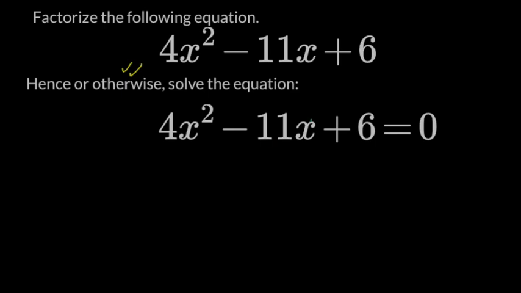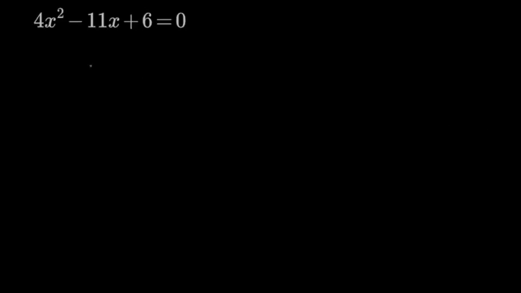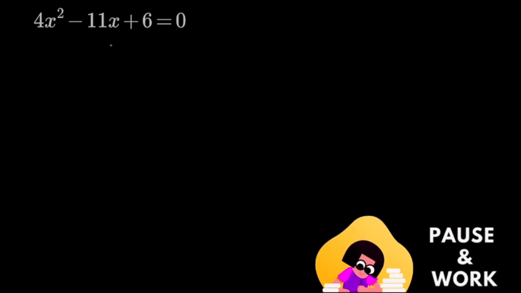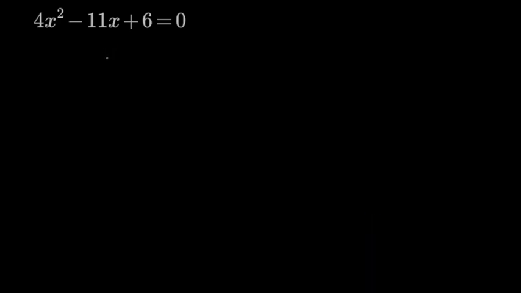We're going to use them to solve the equation. So we have 4x squared minus 11x plus 6 equal to 0. You can pause the video, especially if you watched the previous video, and try to work ahead of me, and then we'll see if we're getting the same answers. Essentially, you're looking for two numbers that will give you the product.